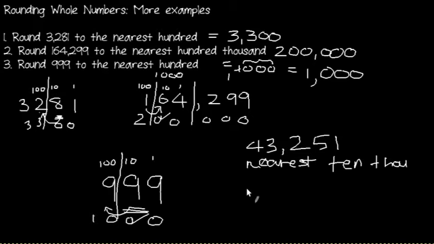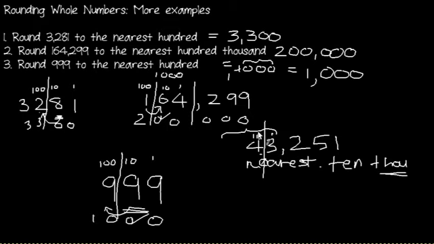Okay, so again, we don't have to worry about going through each column value. We just have to look at the periods. We know that we're dealing with thousands, so we just go to the thousands period, which is over here. And we want to look at the nearest 10,000. So that would be the ones, tens, and so this is where we put our cutoff right here.